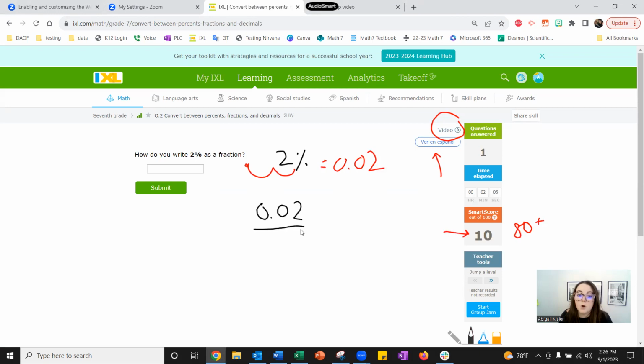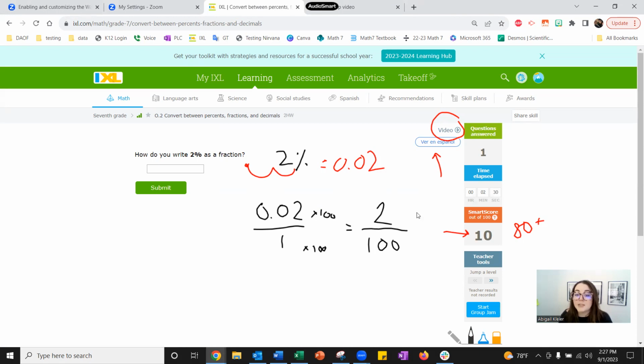Now that I'm in decimal form, I can take that decimal and place it over 1. And I'm going to multiply top and bottom by 100. So again, once you're in decimal form, place it over 1, multiply times 100. 1 times 100 in my denominator is 100. 0.02 times 100 is 2.